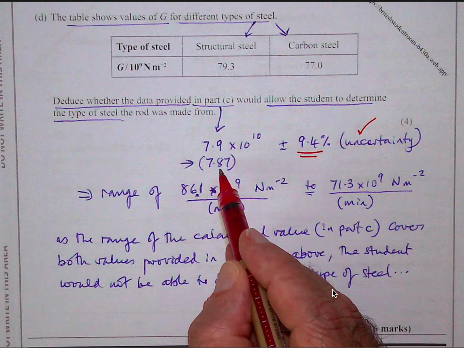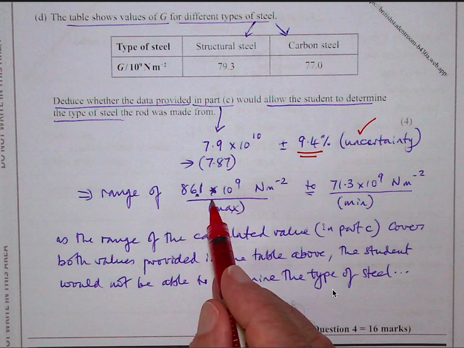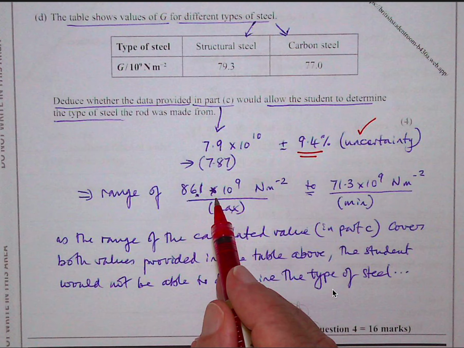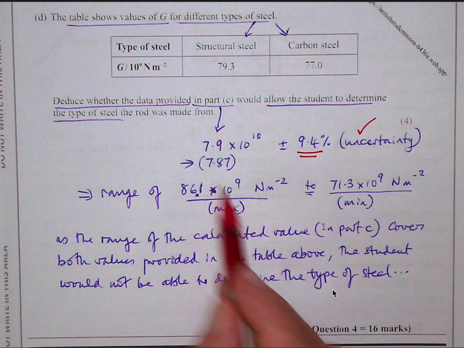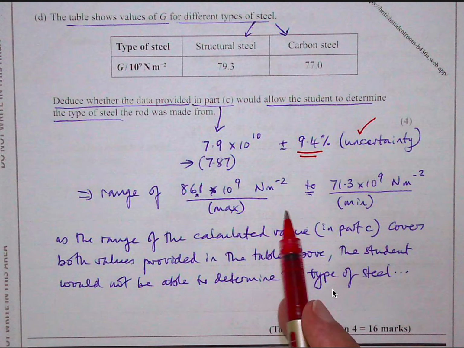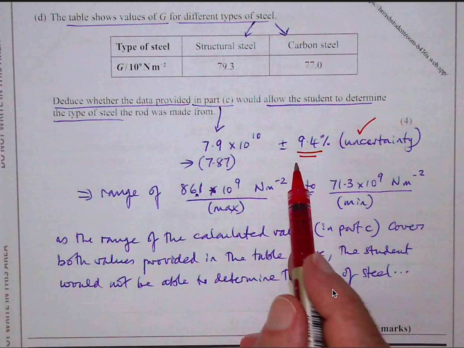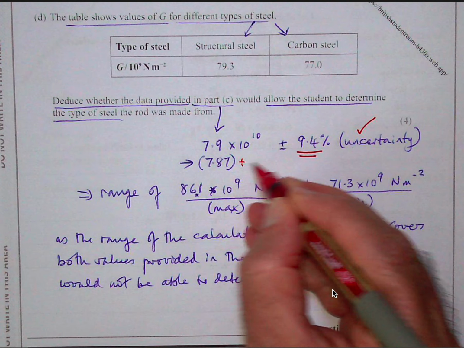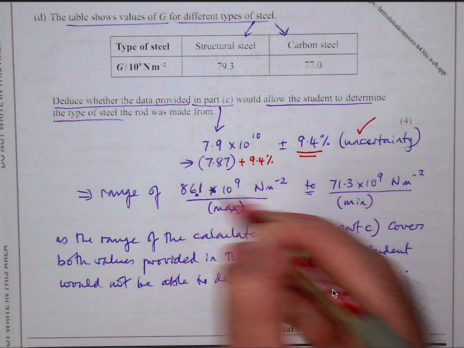If you do 7.87 plus 9.4%, that will be the maximum value, which comes to 86.1 in the scale that they're giving here, times 10 to the 9. So I've changed from 10 to the 10 to 10 to the 9 to match the data given in the table. So that's the maximum value.